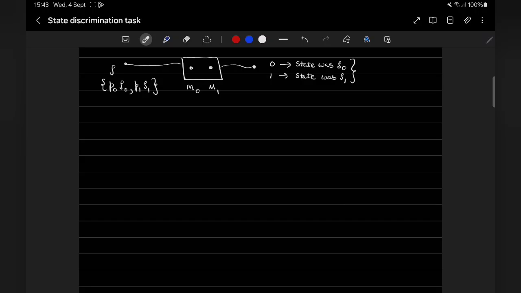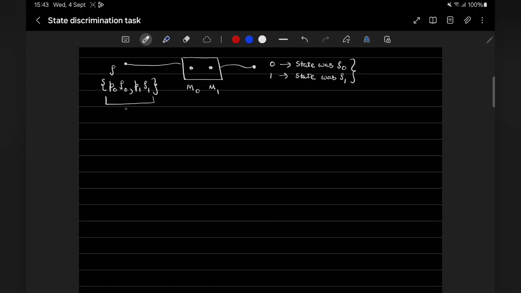This is the basic setup, and what one must remember is that the initial ensemble has rho 0 with probability P0 and rho 1 with probability P1. So this is like a classical probability. You can think of some third person tossing a biased coin, and based on the biased coin giving you the state rho 0 or the state rho 1.